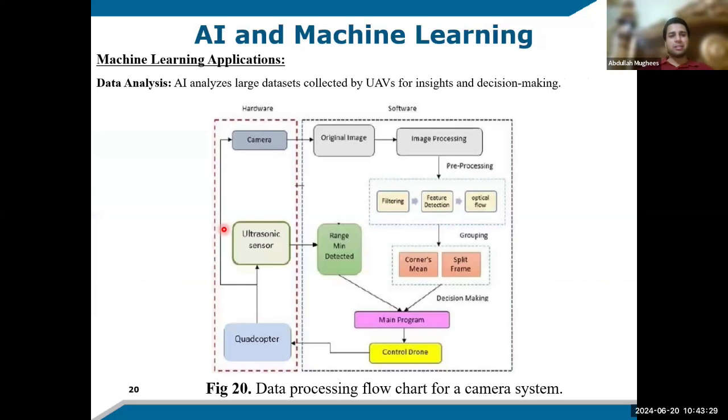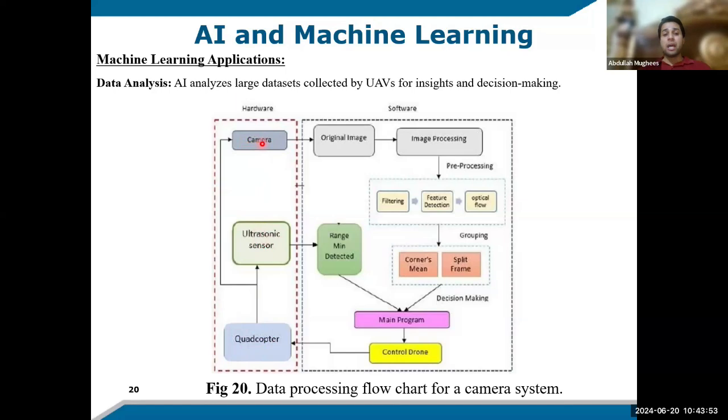Okay, so this is an example of how we use AI to analyze large data sets collected by different kinds of sensors. There exist many sensors, but let's talk about only two for now: this camera and this ultrasonic sensor that measures the distance of an object nearby this drone, the quadcopter system. On this quadcopter system, we have this ultrasonic sensor and this camera system.